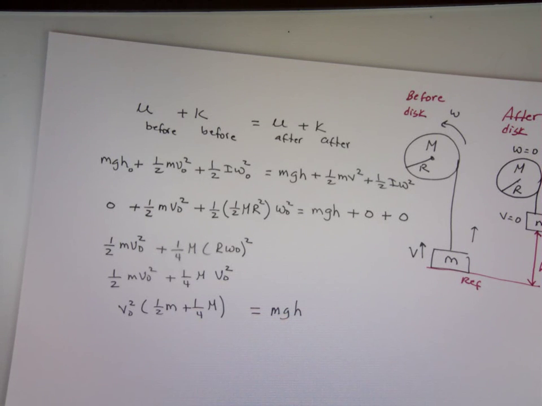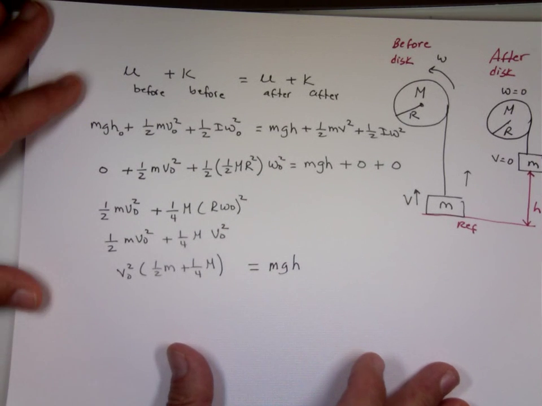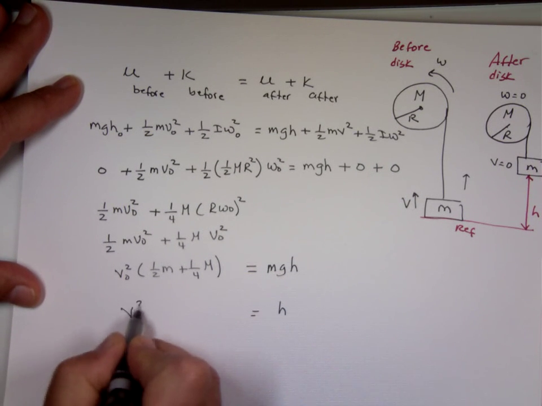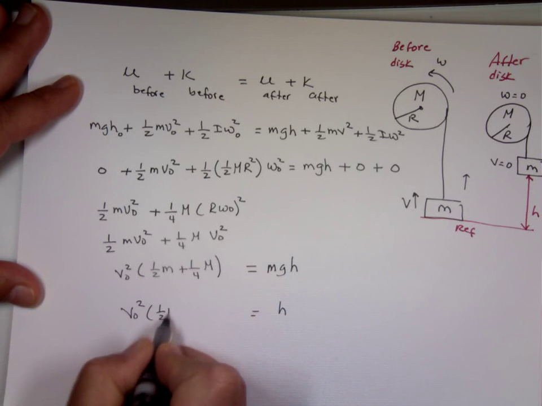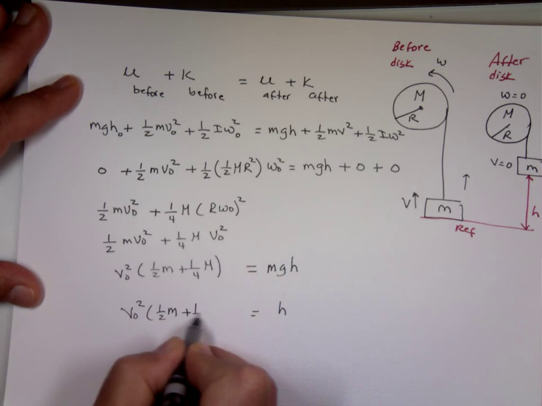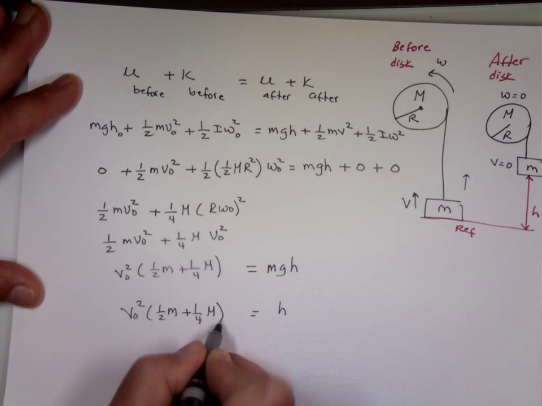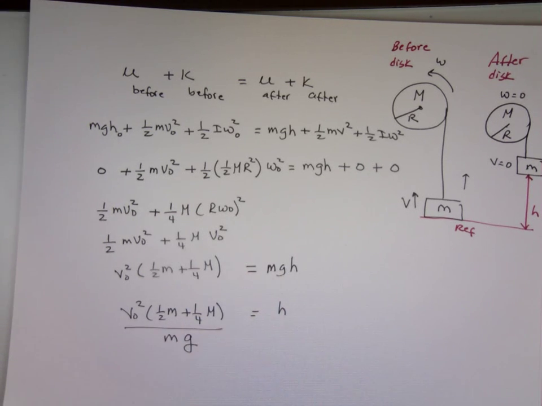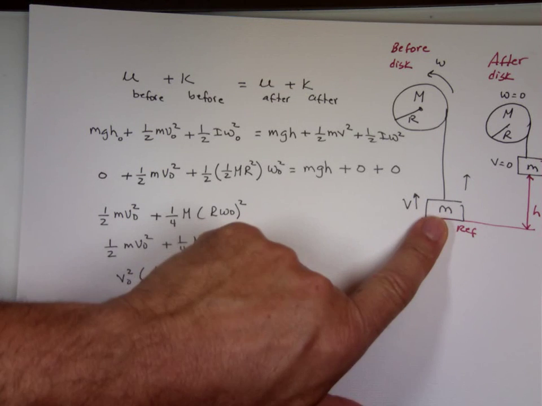Can we calculate what h is now? Again, if I gave you numbers, this won't be bad. If I told you the mass of the pulley and the mass of the weight we hung there and the initial velocity, you have an answer.